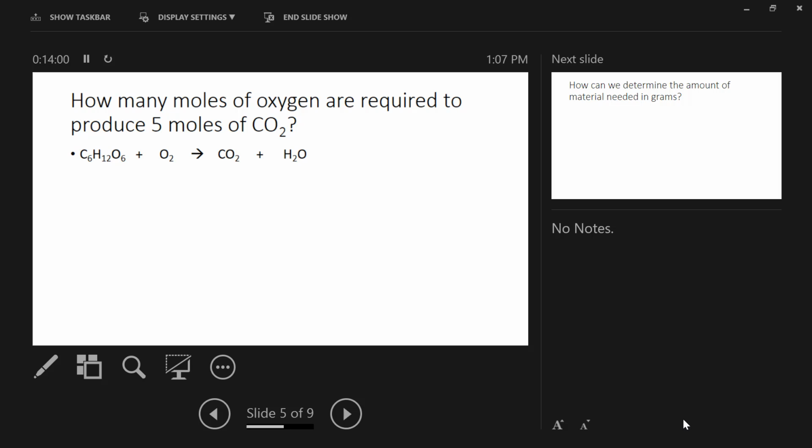How many moles of oxygen are required to produce 5 moles of carbon dioxide? The balanced equation is up here.